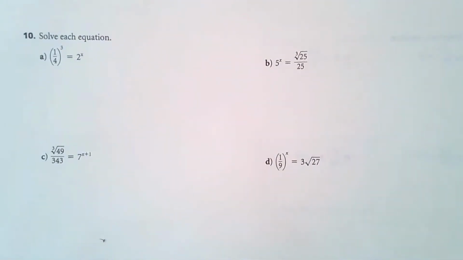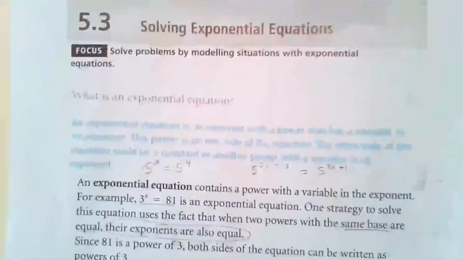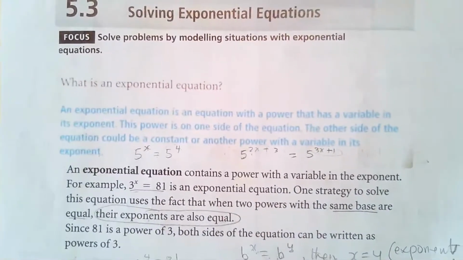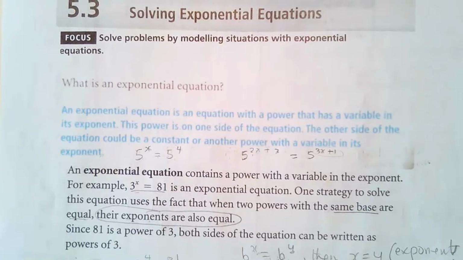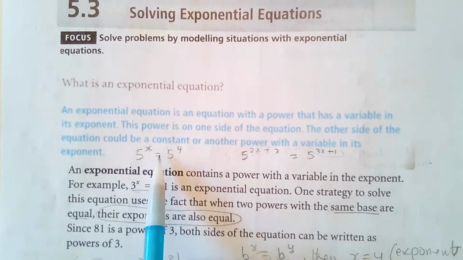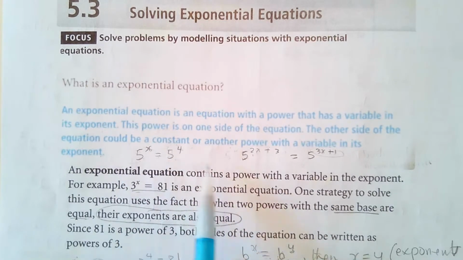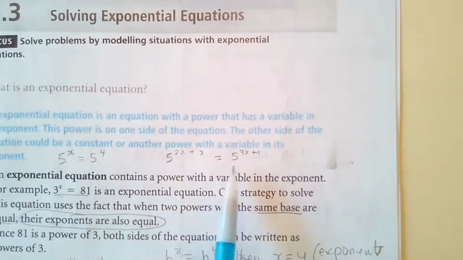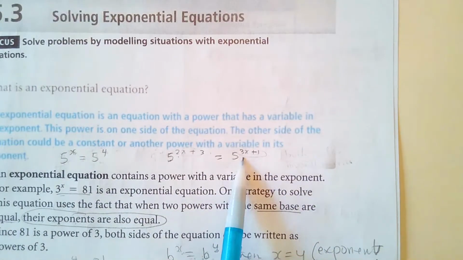So let's recap. Our goal today is to solve exponential equations. We said an exponential equation is an equation with a power that has a variable and is equal on one side to a constant, in this case here, or it could be another variable in this exponent.